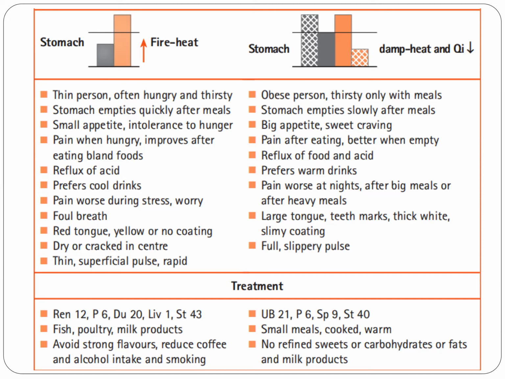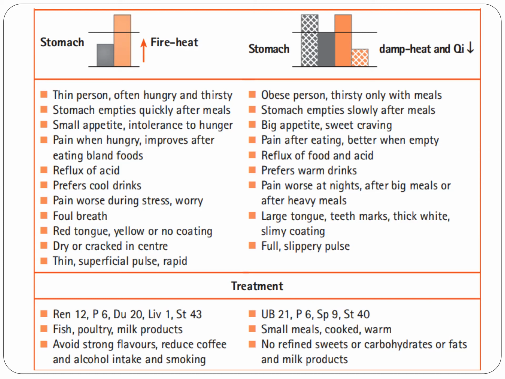Then there is also reflux of food and acid, prefers warm drinks, pain worse at night, after big meals or after heavy meals. Large tongue with teeth marks and has thick white slimy coating. Then the pulse is full and slippery.